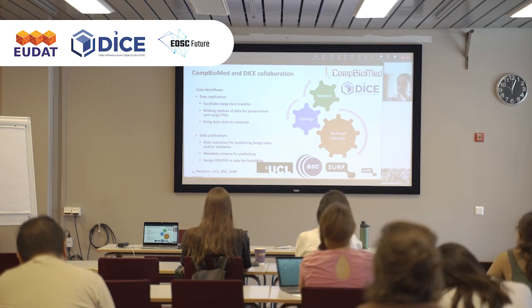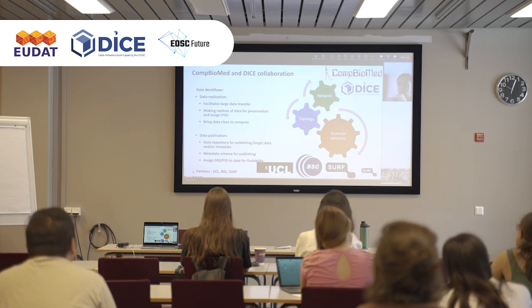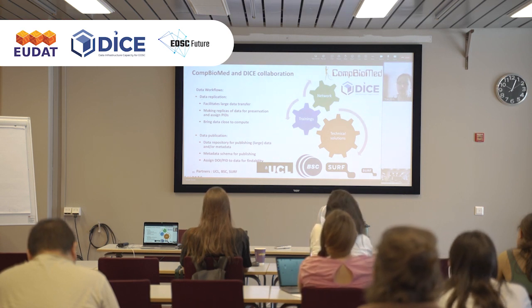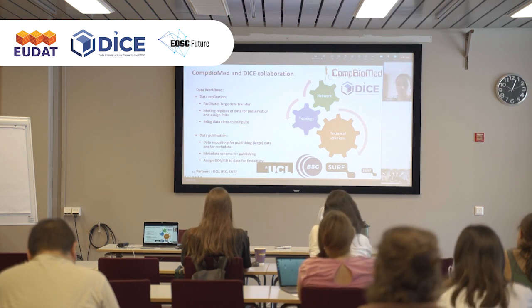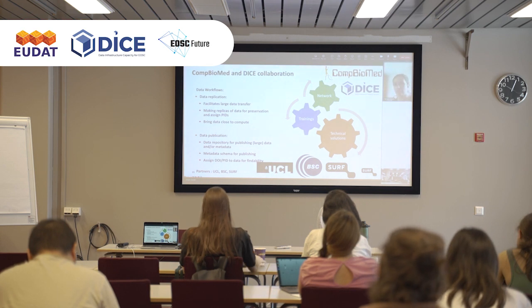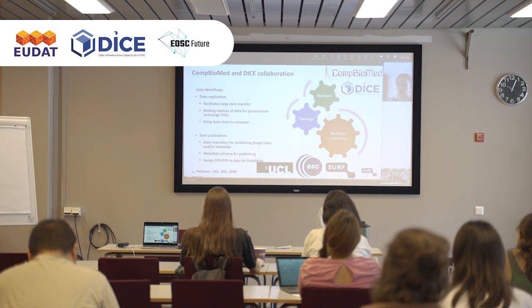And then we implemented, as I said, two workflows: the data replication, which I will show you, and the data publication. The aim for the data replication was to facilitate large data transfer, making replicas of data for preservation, and also assigning PIDs to them for findability, and also bringing data close to compute.